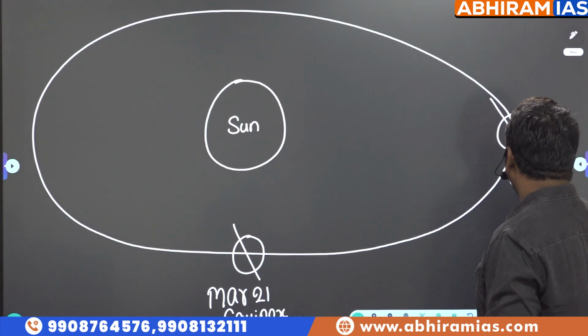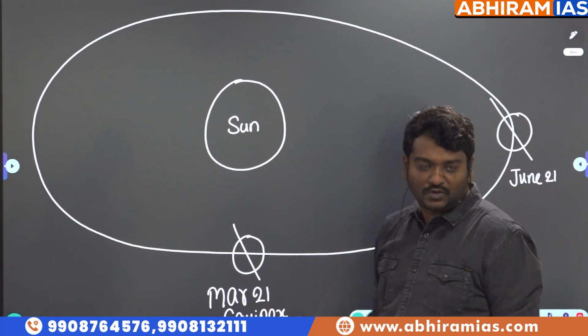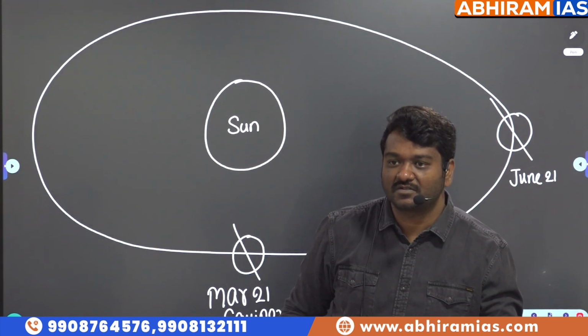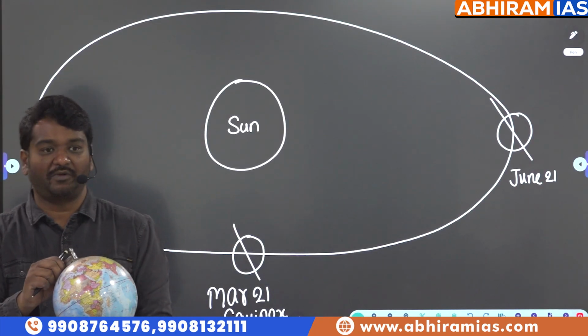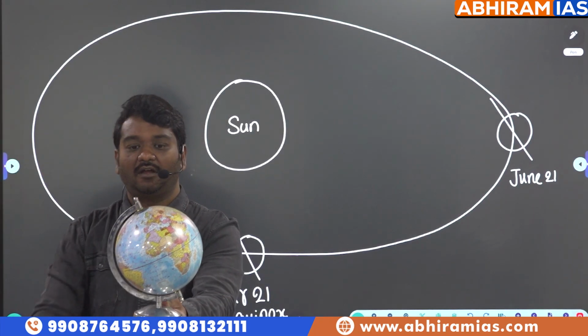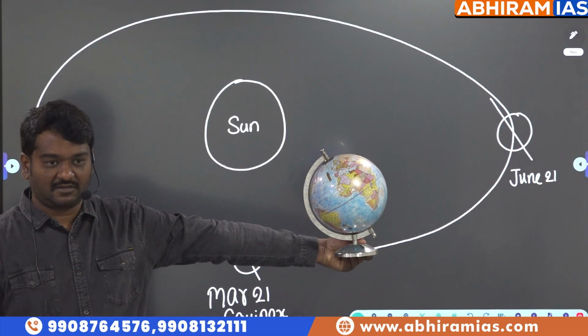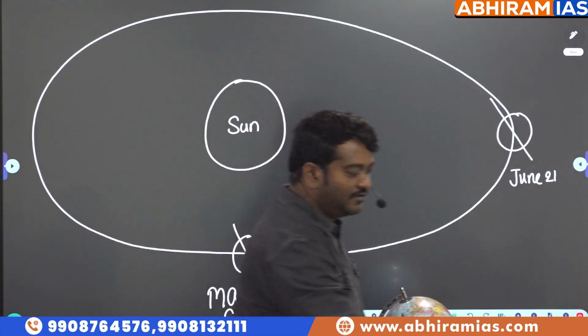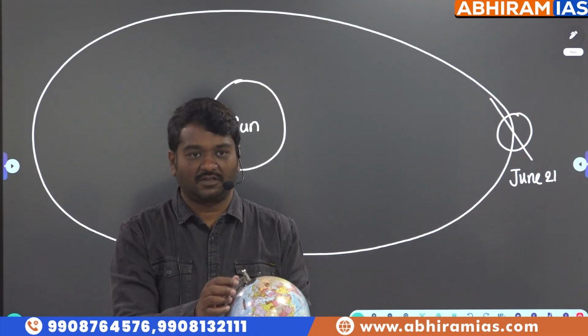So when you have June 21st, okay, the most repeated question is June 21st. From the last 10 years, in one form or the other, they have asked June 21st. Please see here, it was like this, it came like this. Okay, even in the exam when you get confused, you can take the bottle and see once.